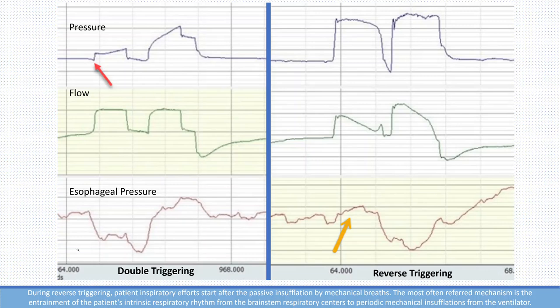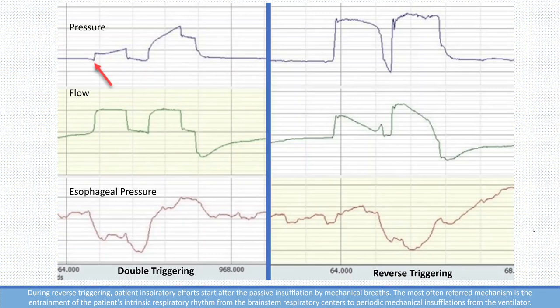In double triggering, there is inspiratory effort, and this is coming from the brainstem respiratory centers of the patient. The second breath could be triggered by the drop in the intrathoracic pressure, which is caused by the contraction of the diaphragm from the first breath. The trigger of the second breath in double triggering is caused by continued inspiratory efforts of the patient.